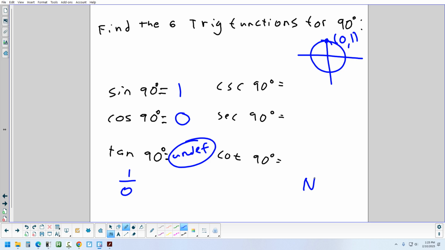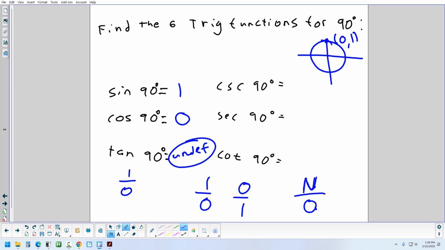I'm going to ask you to simplify it because I need to know if you know the difference between this and that, which we're going to talk about in a second. A number divided by 0, no. No means you can't do it.